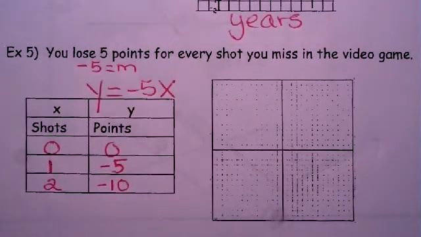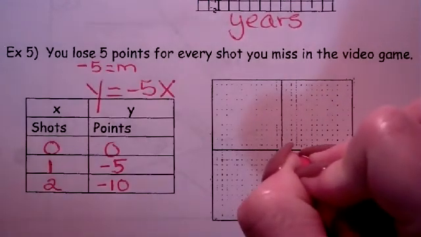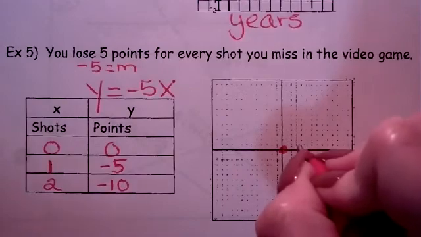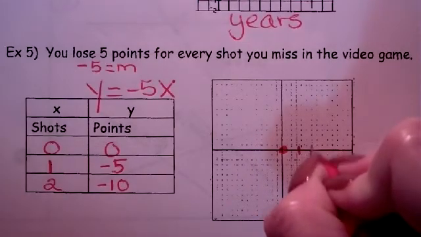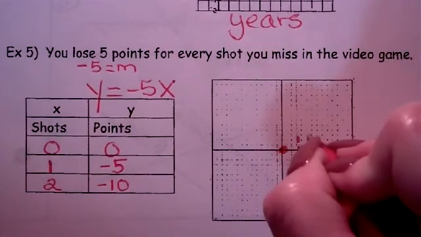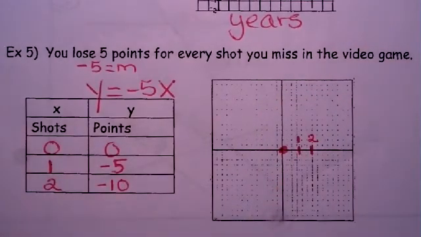Now, I'm going to tell you, the copier did not like my graph paper right here, so we're going to improvise just a little bit, okay? I want you to put a dot at 0, 0, and about evenly spaced, put 2 more dots, okay? This is going to be 1, and this is going to be 2. Okay?